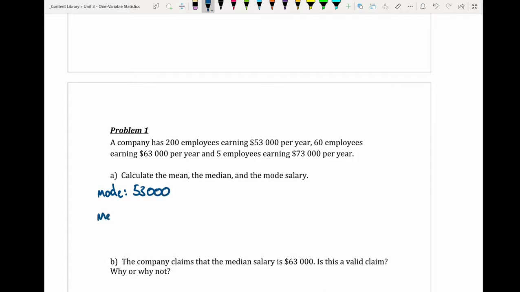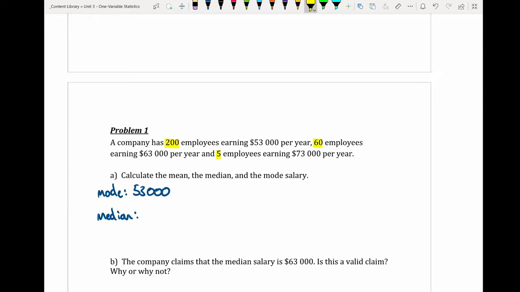The median, if I want to arrange my numbers, in total, there's 200 employees, 60 employees, and then 5. So in total, there's 265 employees. So I could write these numbers out if I wanted to and have a long line of 265 numbers.